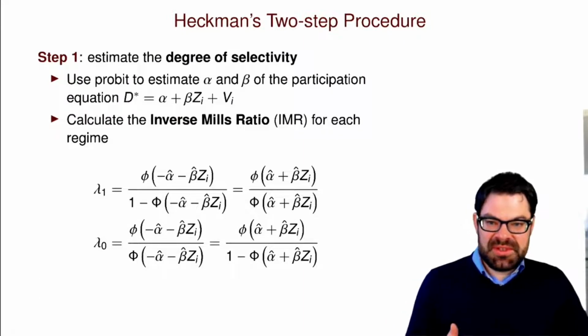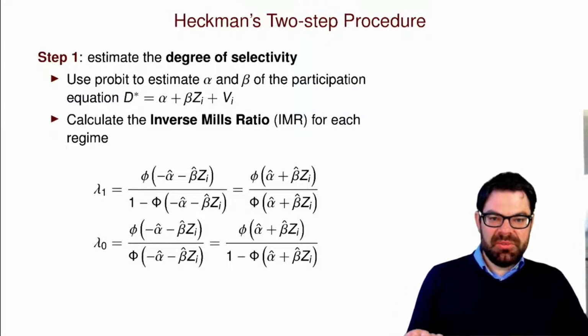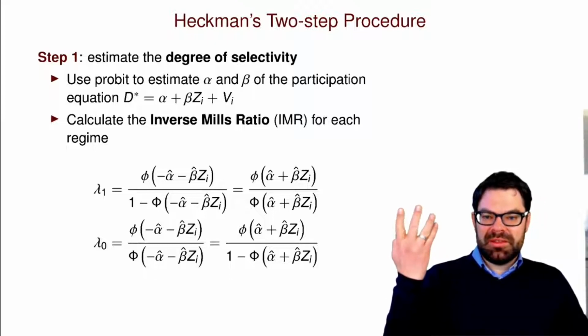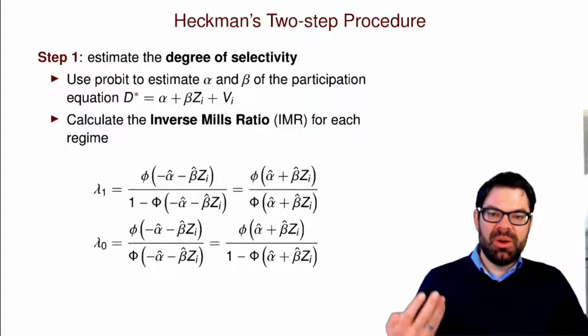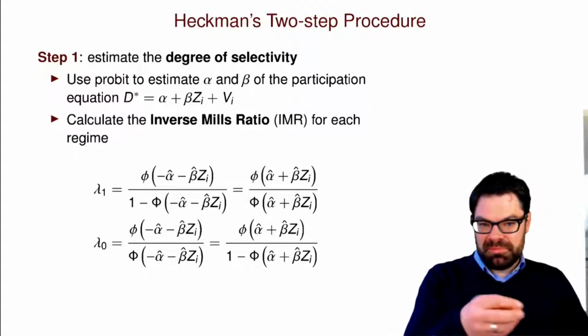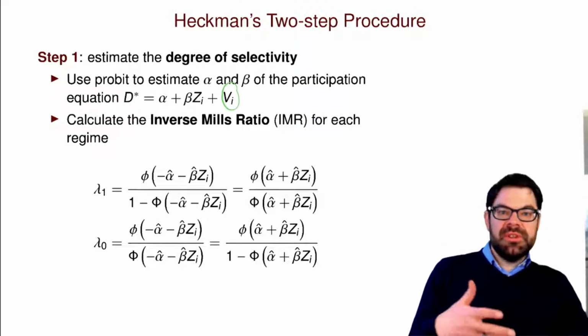So in a first step, what you estimate is the actual selection equation. So the selection equation is a regression here of the observed treatment on the instrument. That cost parameter v, that is individual specific, you don't see.